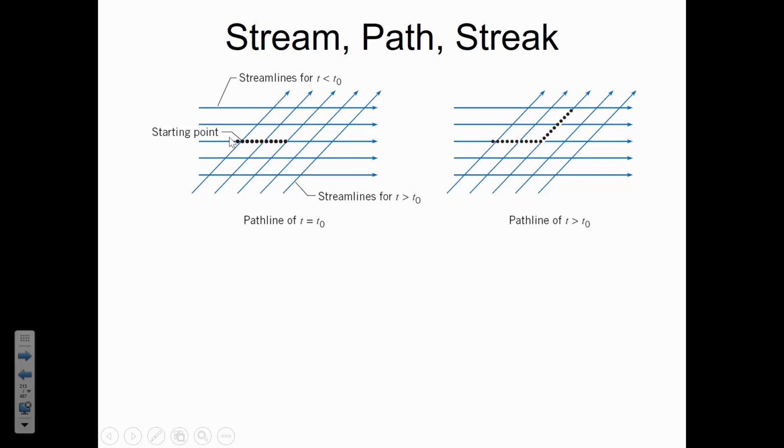If we dropped a particle into the flow, then the flow would move the particle to the right until T naught, and then at T naught that particle would change direction and it would start to flow up and to the right. And so that's what we see here, is that after T naught the fluid started moving the particle in a different direction.